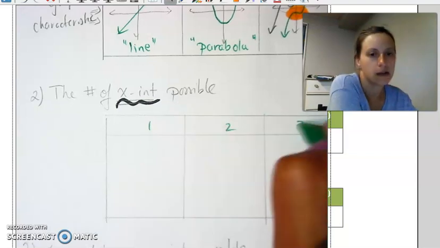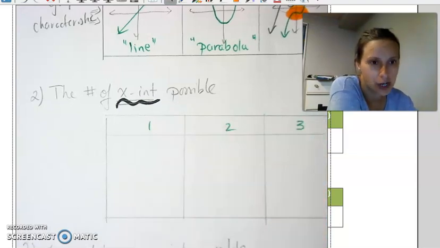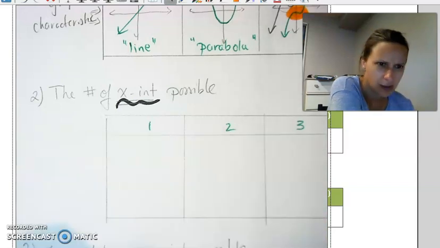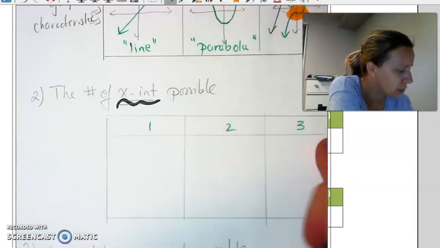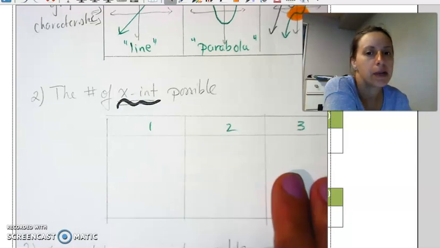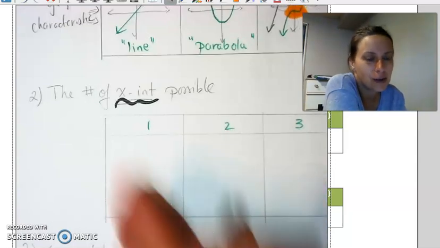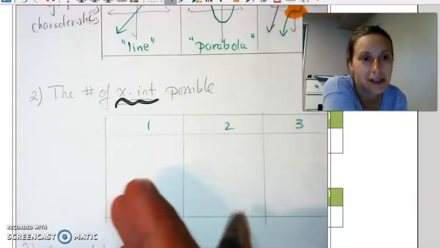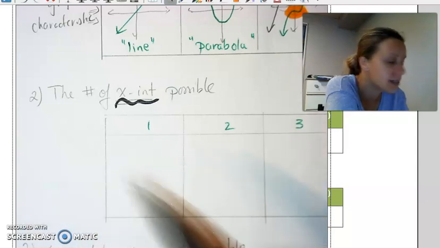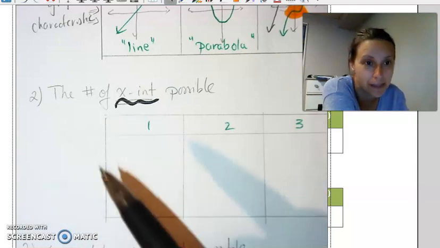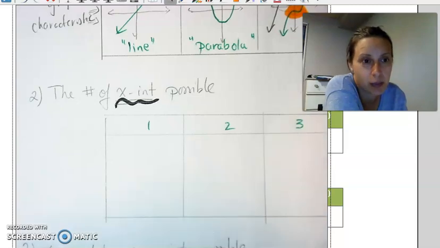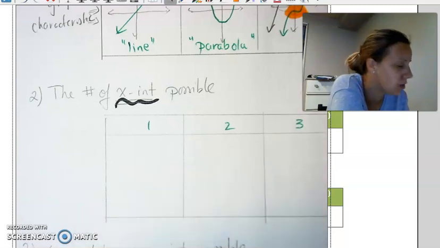That's going to be the equation characteristics. Did I say graph? So the top is the equation characteristics, and here in the bottom, I'm going to put what is that going to give me about the graph of the function. And in this case, we're talking about the x-intercept. The x-intercept is a special point on the graph.